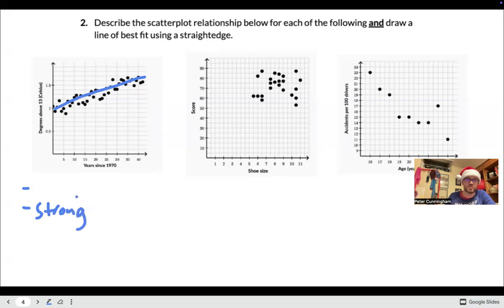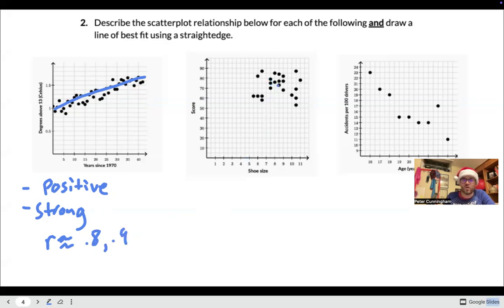Positive or negative just means, which direction is this line going? It's going up, therefore it's positive. Strong, I would say. So it doesn't ask this on here, but you're looking for an R value close to one, something like 0.8, 0.9. That's the sort of thing we're looking for here.